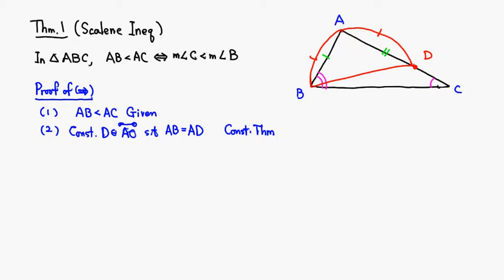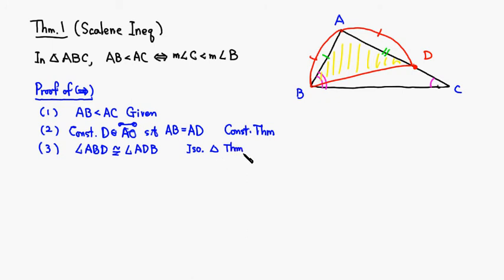Since we have an isosceles triangle right here, we can at least say 3: angle ABD is congruent to angle ADB. This is the isosceles triangle theorem.